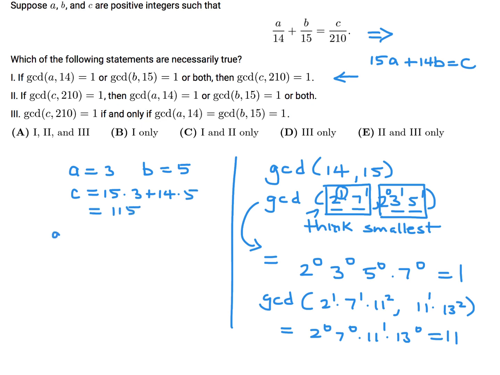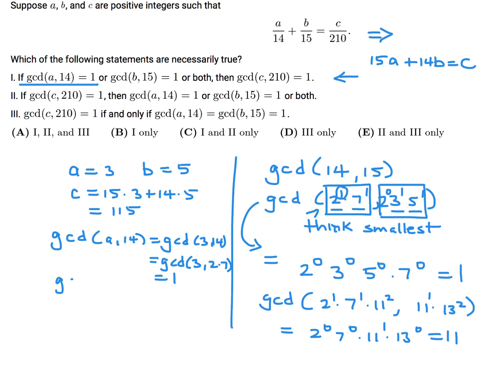So if you look at the first one, GCD of A and 14 would be the GCD of 3 and 14, and that's the GCD of 3 and 2 times 7, and that is equal to 1. So that part is so far true.